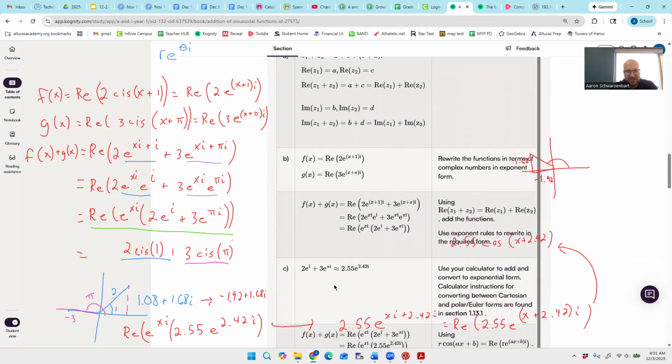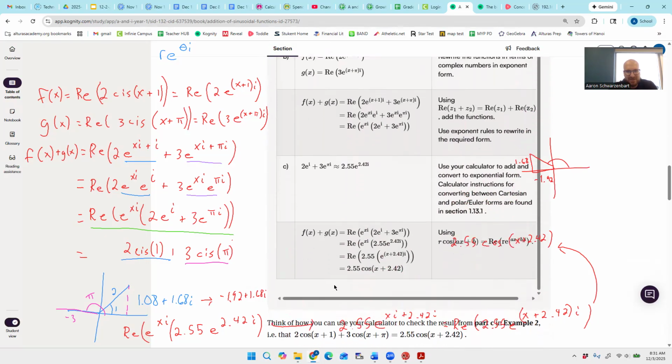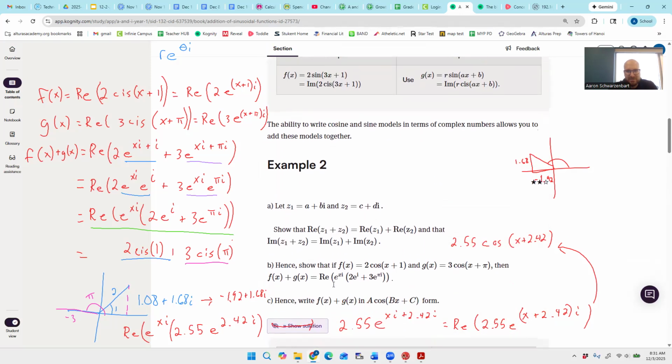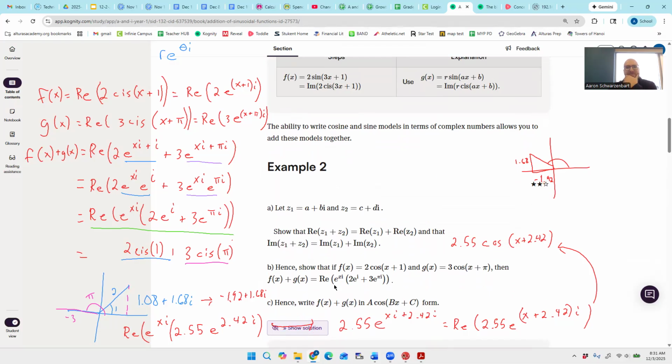Check that I'm right here. Yep. So we've got 2.55 cosine(x plus 2.42). That's about the only time you'll do it by hand. Does that make sense how I did that? I just converted it to regular form and converted it back. It's a bit of a pain. Even converting back to sines, it's just the imaginary part.